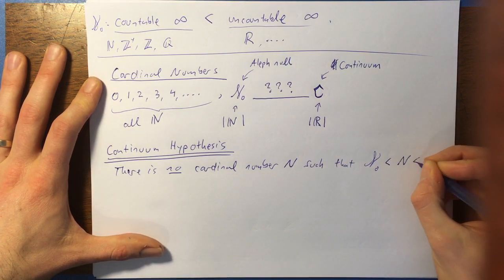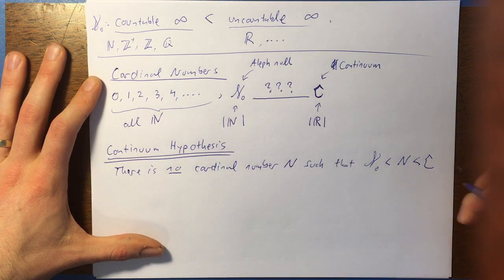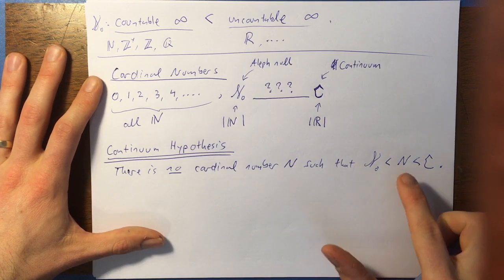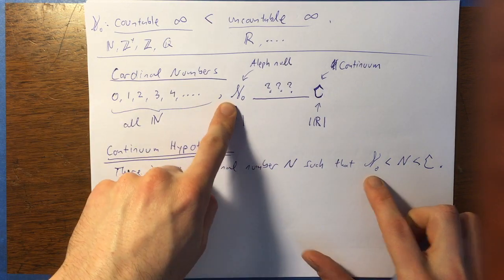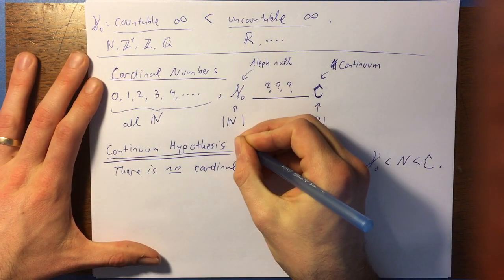It says there's no cardinality n that satisfies this inequality: strictly greater than Aleph null, but smaller than the cardinality of the continuum. So that is a hypothesis.